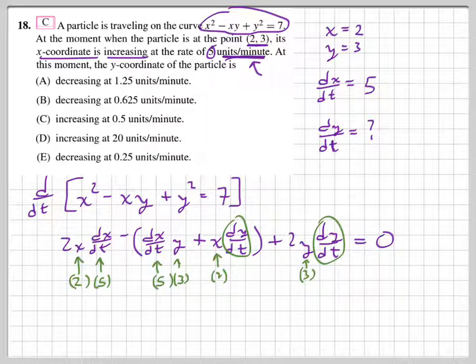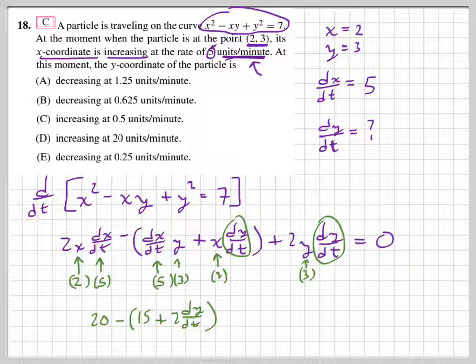So let's simplify what we got here. We have 2 times 2 times 5, that's going to be 20. So we have 20 minus, and then 5 times 3 is 15. And then we have a 2 dy dt.